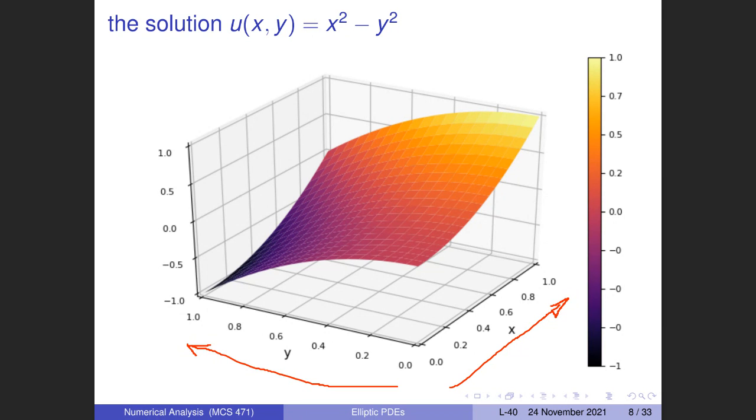You could imagine a fire or a furnace at x equals 1, y equals 0, and then we have a sink at x equals 0 and y equals 1. So the coldest spot is where we are losing heat. The highest spot is where heat comes in.